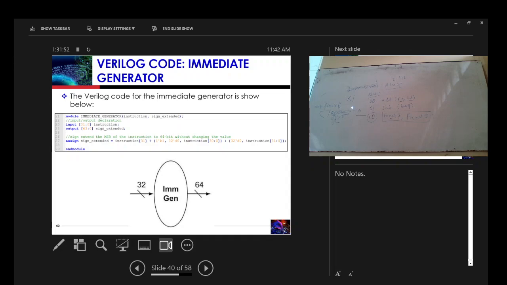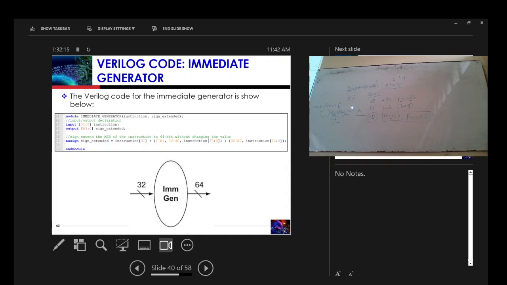Okay, so I was saying that we take the first, we check, because we are doing sign extension. If the number is negative, we do 11111, we extend the MSB by 111, and then that number comes.